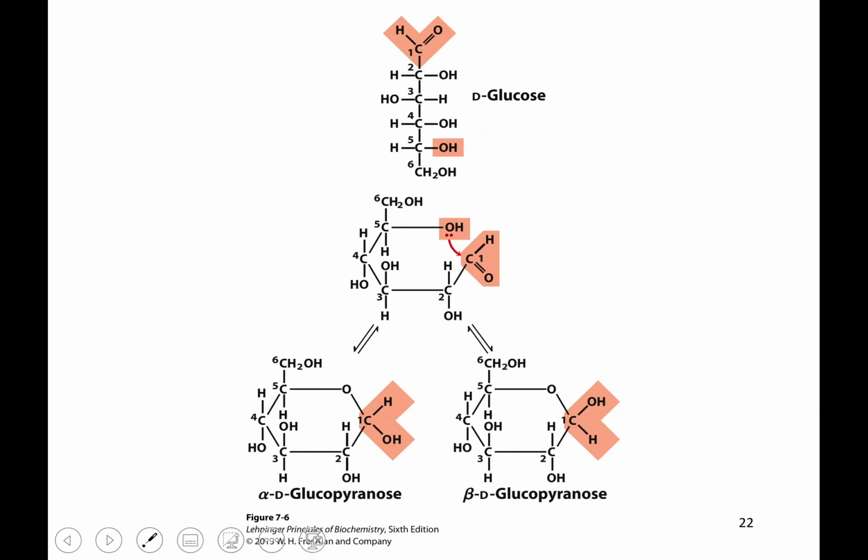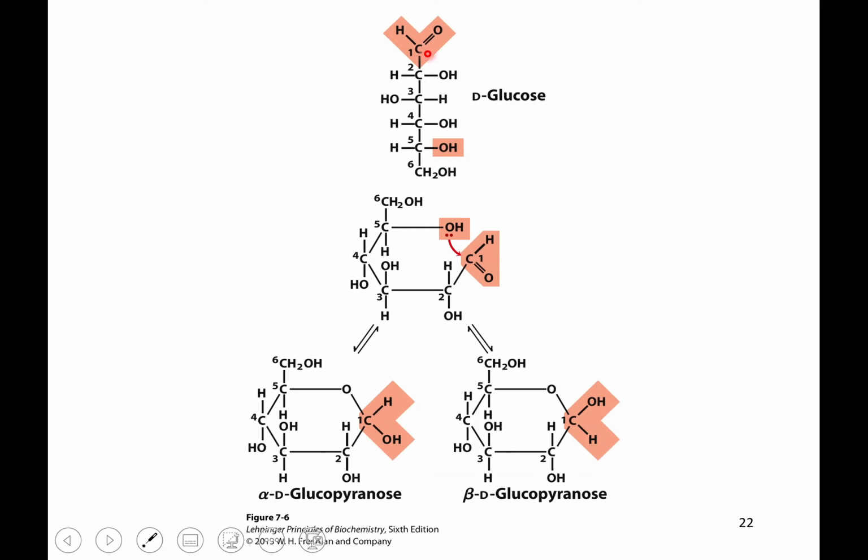All right, so let's look at this in glucose. So in glucose, the open form is shown here, right? For glucose, we can form a ring structure if we have an attack from the OH group on carbon 5 attacking the carbonyl group at carbon 1, right?